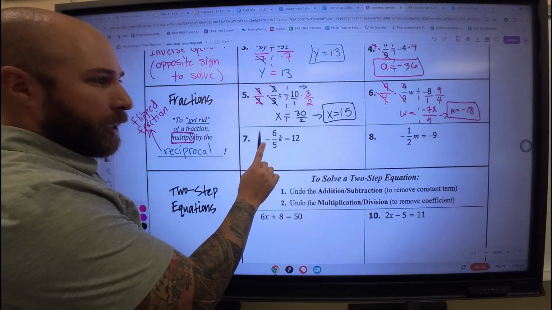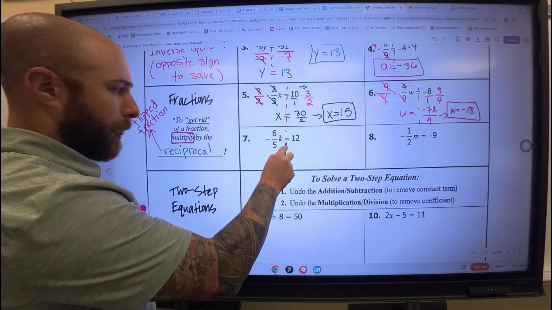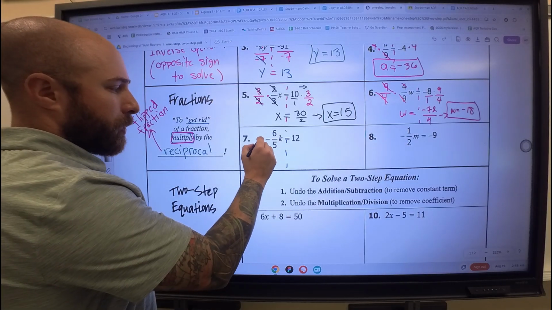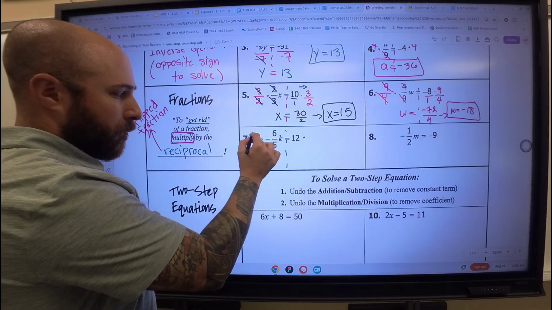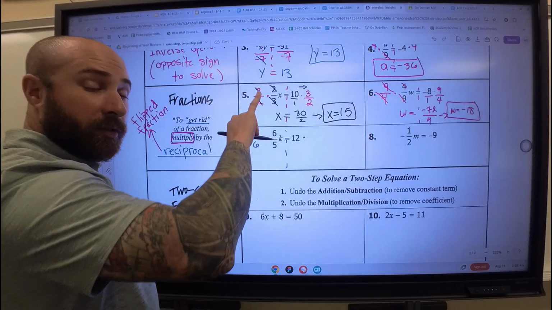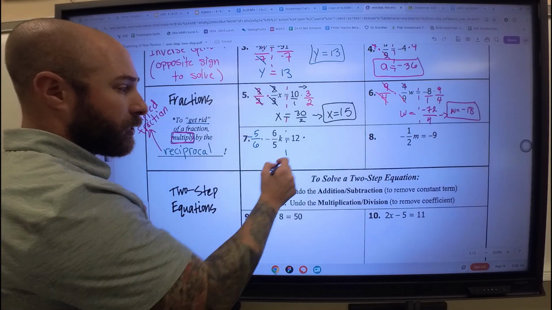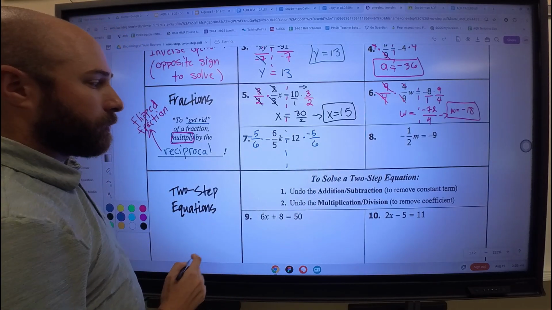Number 7, even though I have a negative out in front, doesn't change our process here. I'm still going to multiply by my reciprocal, but because I have a negative, I'm also going to multiply by a negative. So I'm going to flip the 6/5 to make it 5 over 6. So I'm going to multiply by -5 over 6 on both sides.